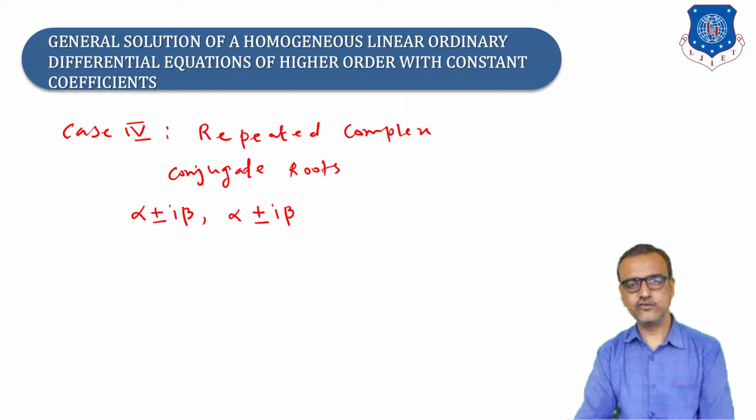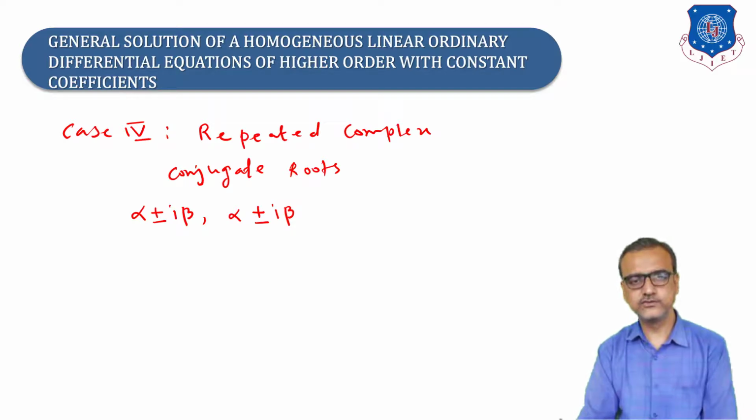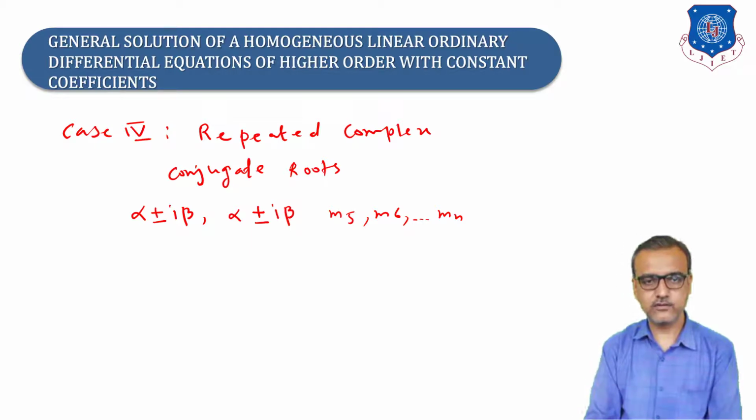Say these two complex conjugate roots are repeated, and say this value is m1 and this value is m2, and along with that we have n minus 4 roots as m5, m6 up to mn in this way. So in this way, how will you write down the general solution?